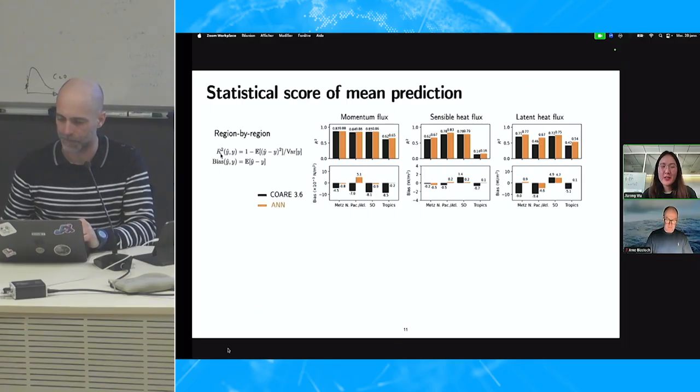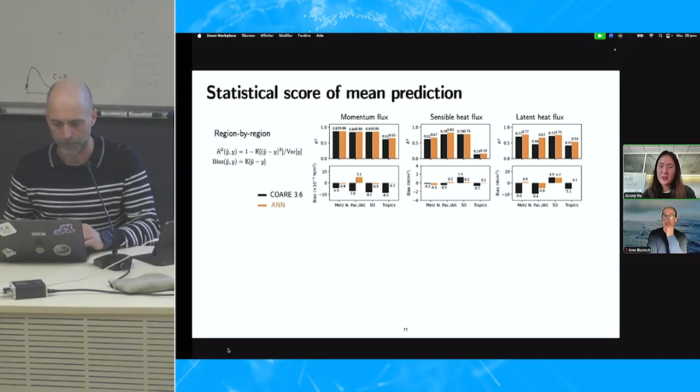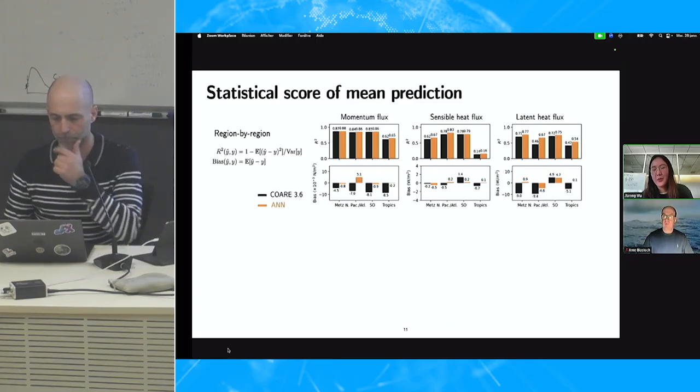This looks really bad, but the R squared is a kind of normalized MSE. So it's mean square error normalized by the variance of the data itself. If I just plot MSE, it will be more comparable between regions, but because the sensible heat flux values themselves are smaller in the tropics, after normalization you would see this really popping up as a poor R squared region.